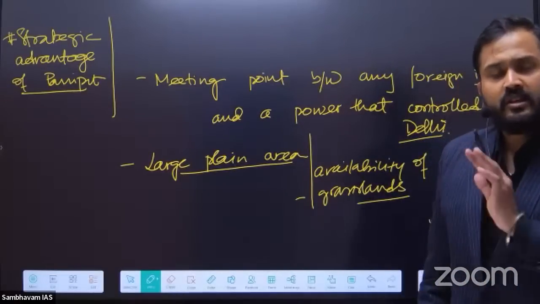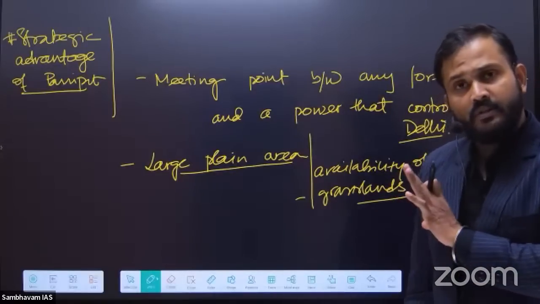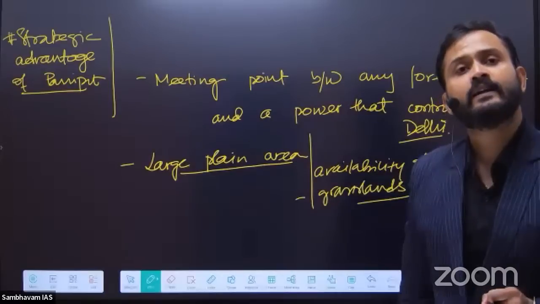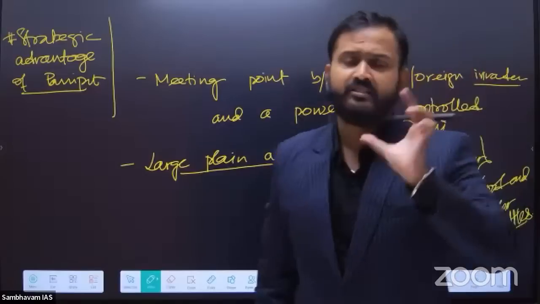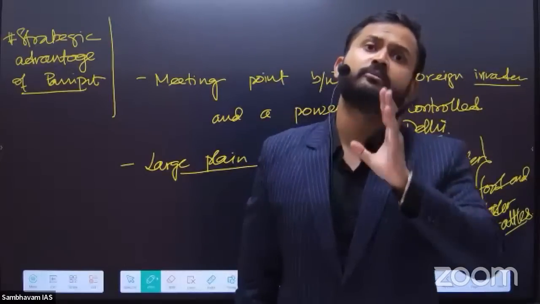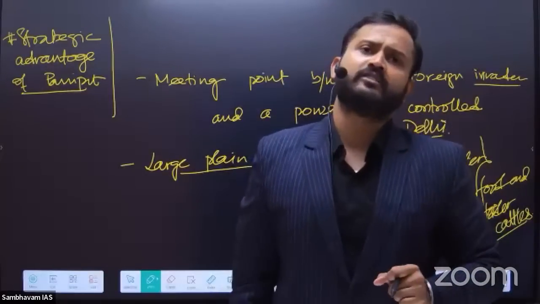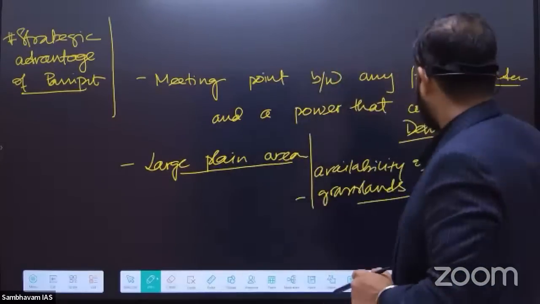For a large cavalry to meet, Panipat met the conditions. See, when you are there in the examination hall, it will always be very much commonsensical. You will not be knowing about the answer.